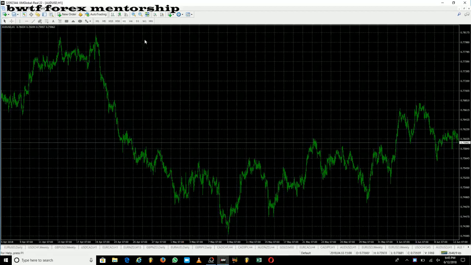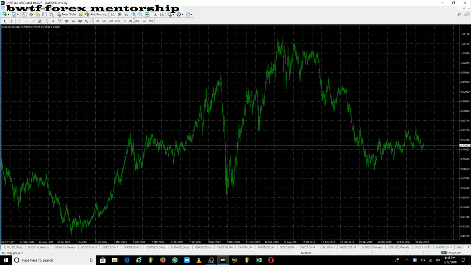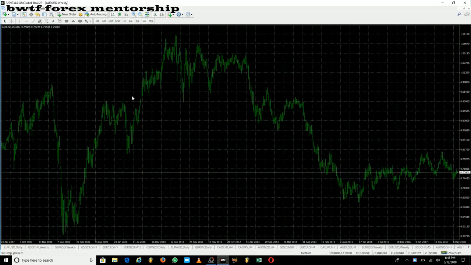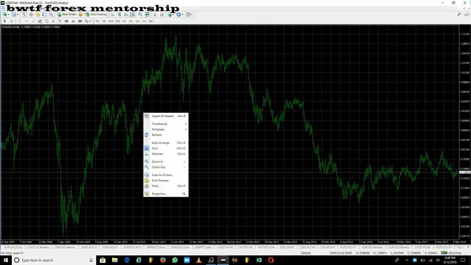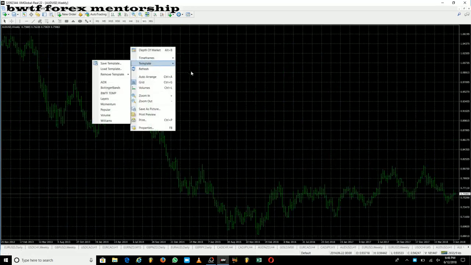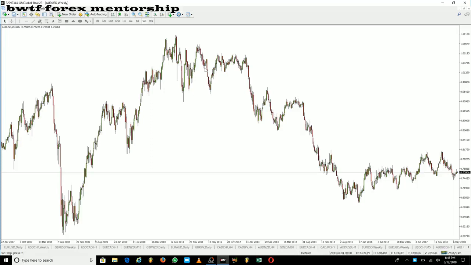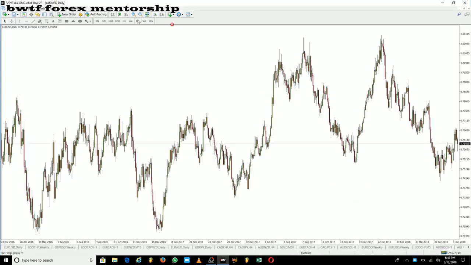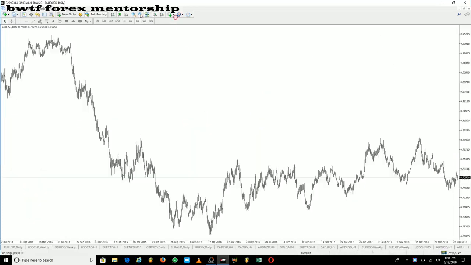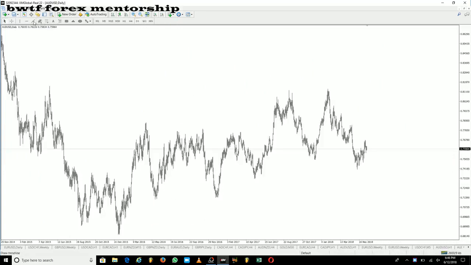Let me try the weekly. Let me use my template, the daily. As you can see here, this is what used to happen, and I predicted this a long time ago.